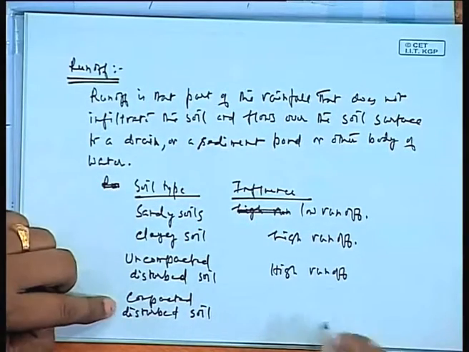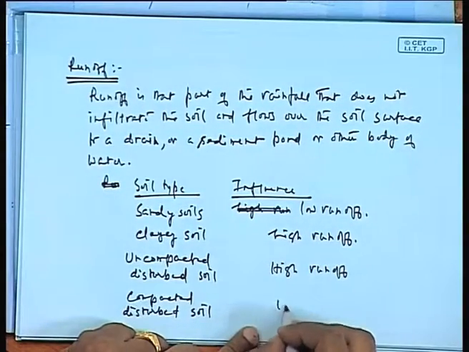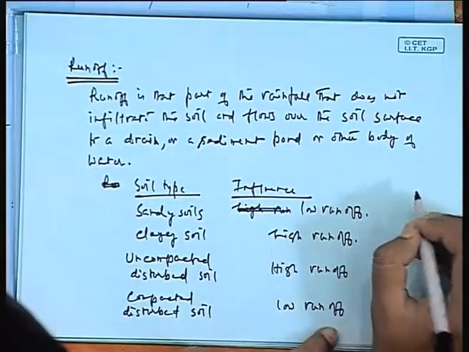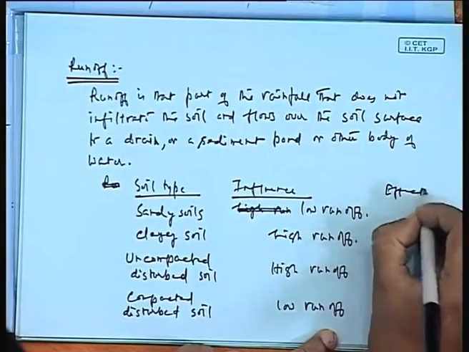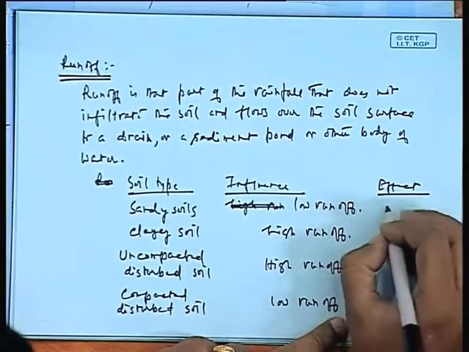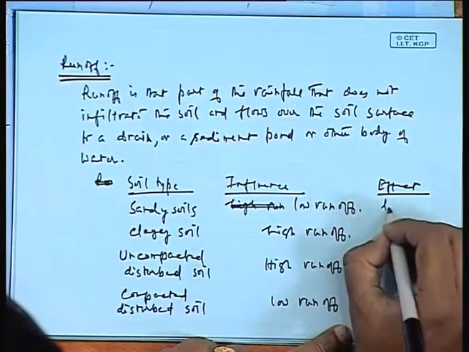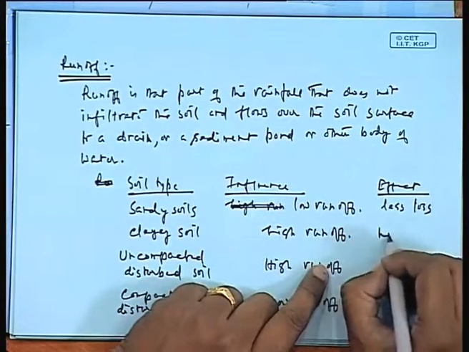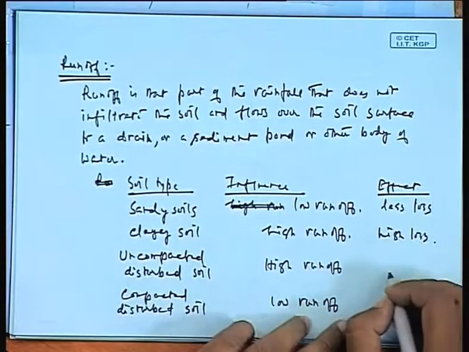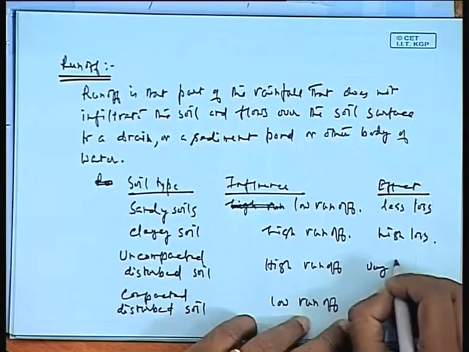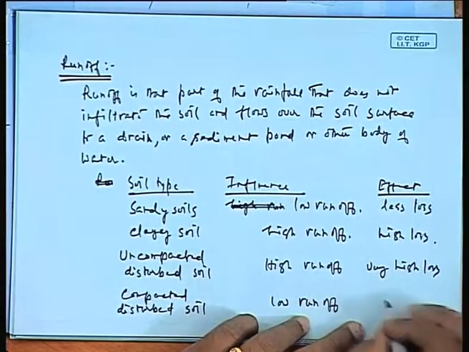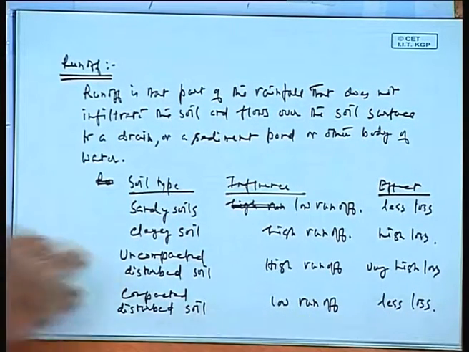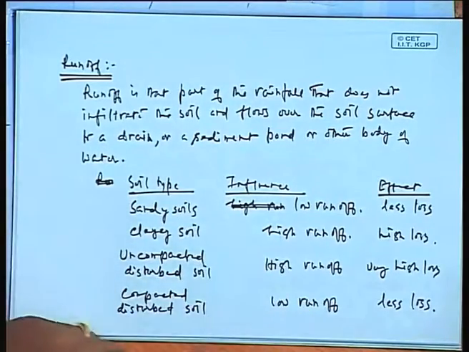Uncompacted disturbed soil, compacted disturbed soil, low runoff. And the effect: less loss of soil particles, high loss, or low loss. So this is the effect of runoff.